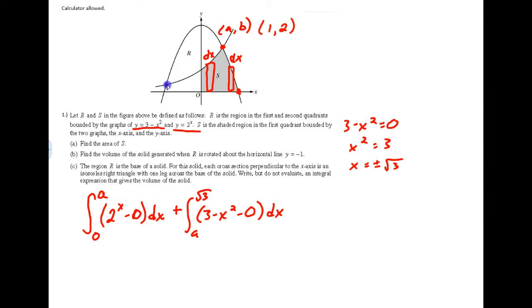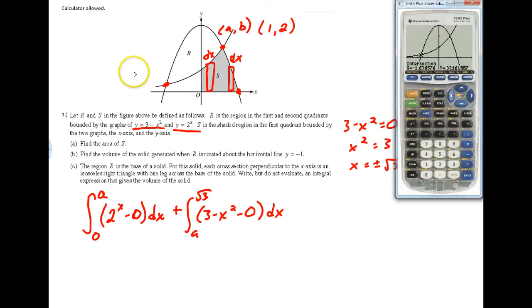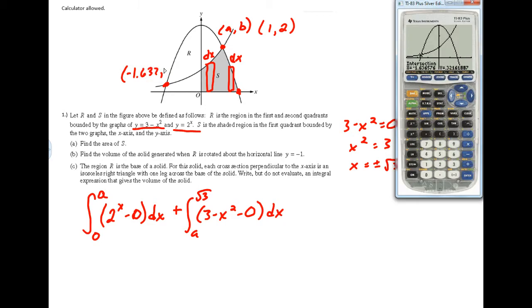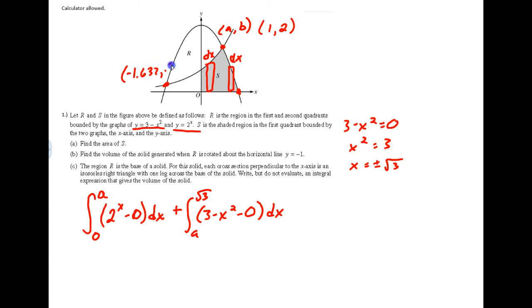I'll write down that intersection point: (-1.637, 0.322). Now, remember we said that a is 1 and b is 2. If you state that somewhere, then you don't have to change your integral. So now what we want to do is this calculation.